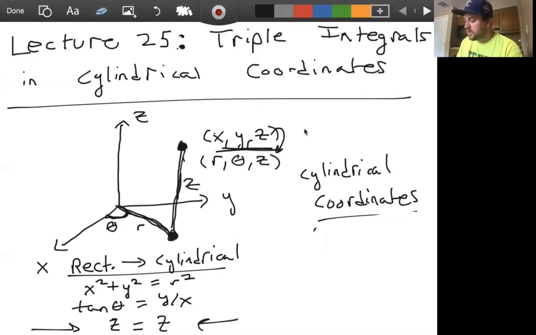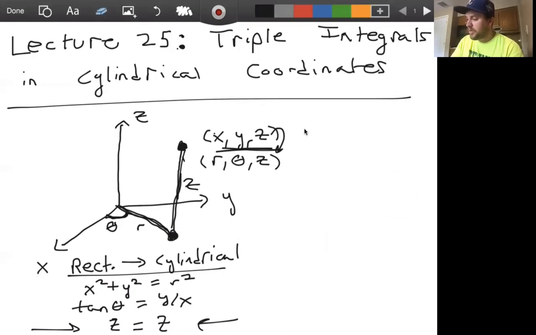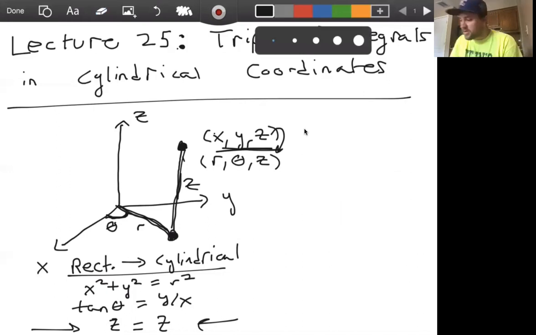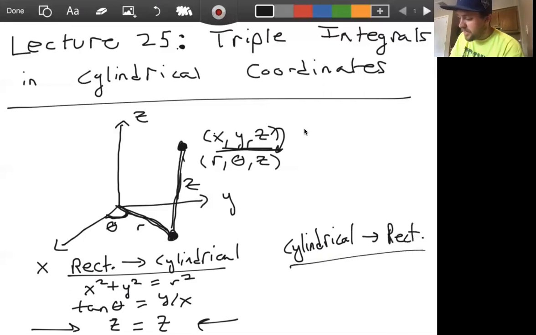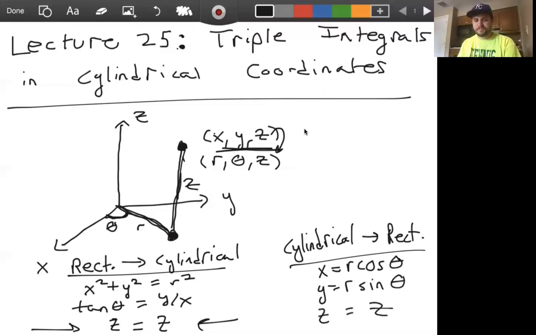And we also have conversion from cylindrical to rectangular. And this is x is r cosine theta, y is r sine theta, and z is, again, just z.